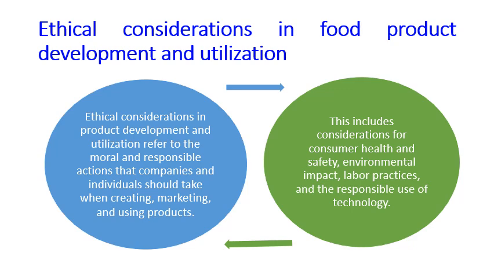There are moral and responsible actions to be taken, and those are referred to as ethical considerations. And these considerations include consumer health and safety, environmental impact, having considerations for labor practices, and the responsible use of technology.